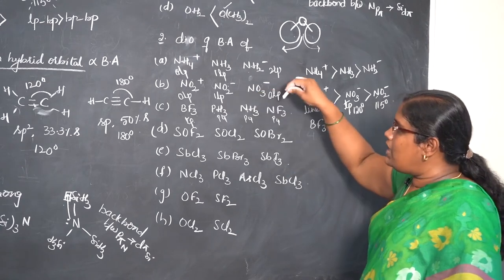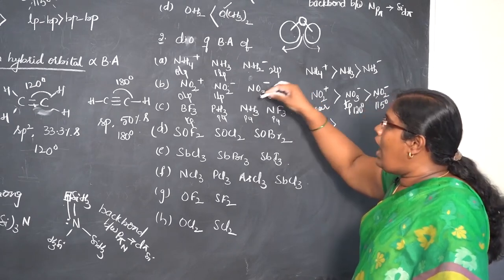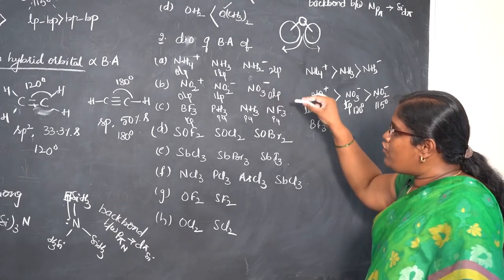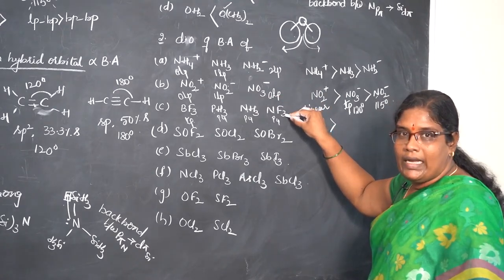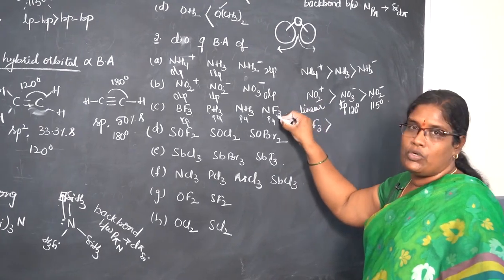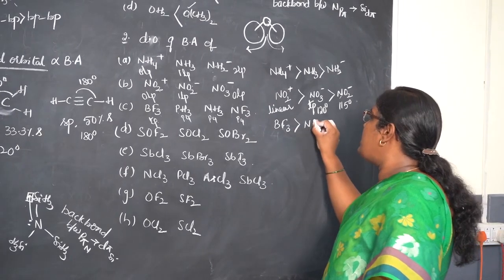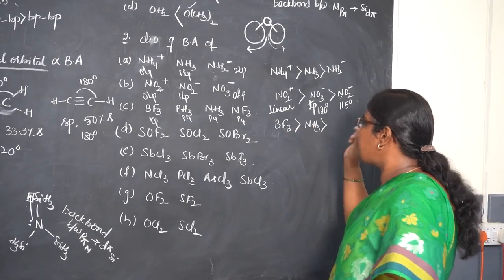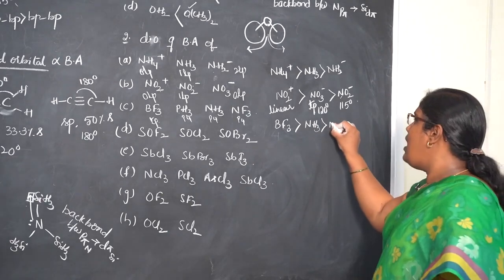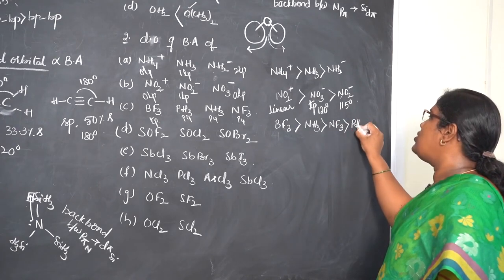Means we should consider first the nitrogen series. And in this also ammonia and NF3. Among ammonia and NF3, fluorine is more electronegative and electronegativity of surrounding atom is inversely proportional to bond angle. Therefore, first it is BF3, then it is ammonia due to less electronegativity of hydrogen, and NF3, and then it is PH3.